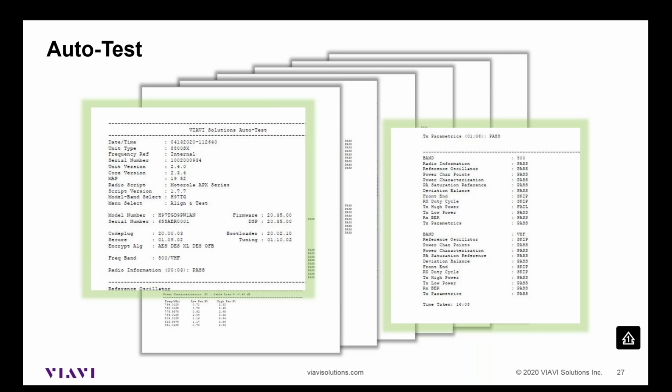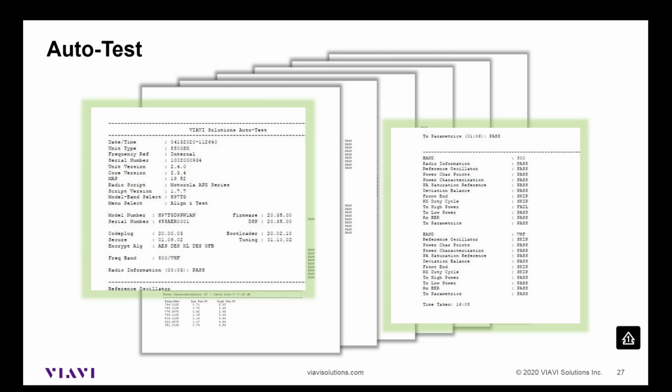On the left side of the screen, we've got the radio's model and serial number, the firmware versions, et cetera, and the band of that radio. We've also got the serial number and firmware versions of the service monitor itself that's being used to test it. So there's some traceability that goes along with that.